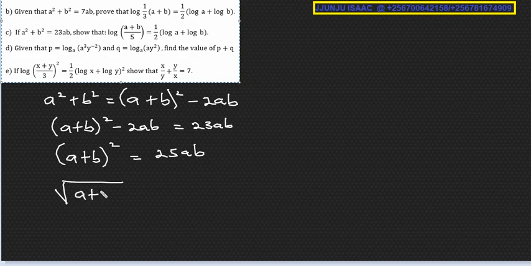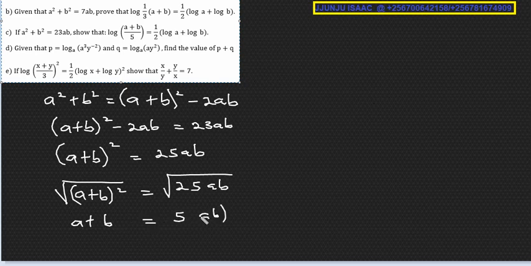This is going to be a + b equal to the square root of 25ab, and now we shall get a + b equal to 5(ab)^(1/2). Now we need to divide by 5 as you see it here. So we shall get (a + b)/5 is equal to (ab)^(1/2).